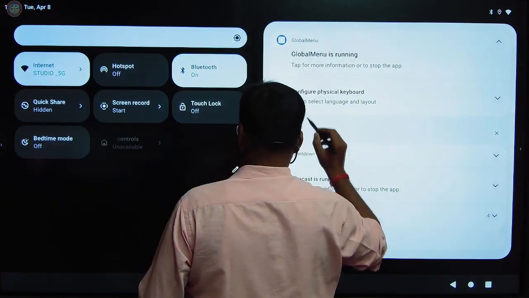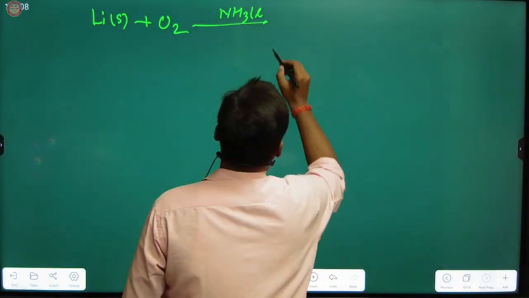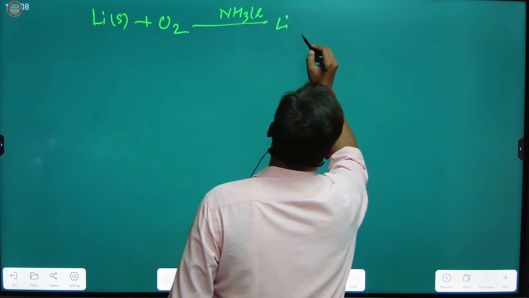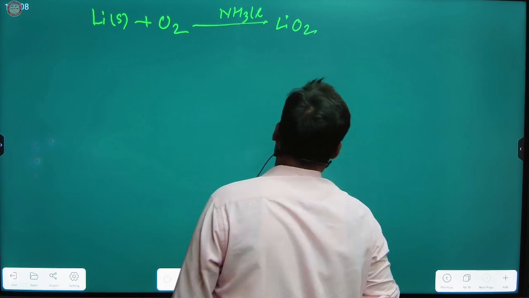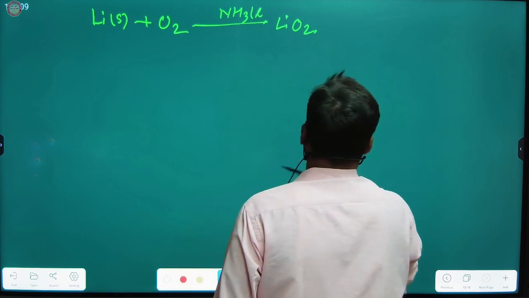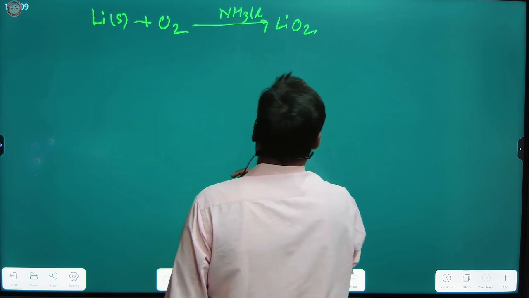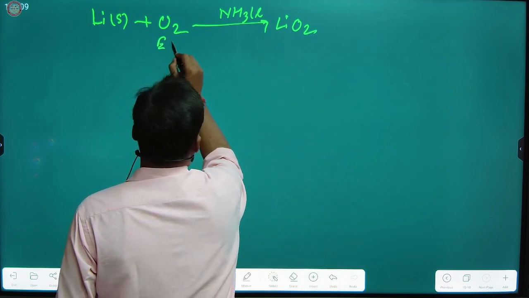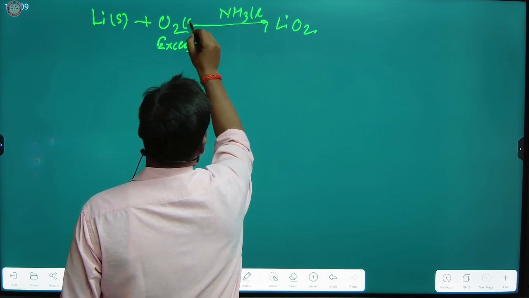LiO2, so that is lithium superoxide. It forms with excess amount of oxygen in gaseous phase.